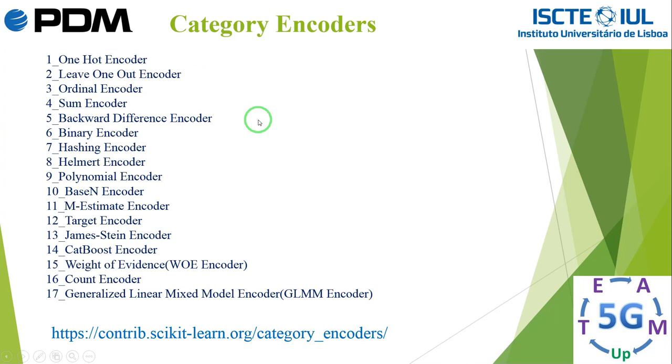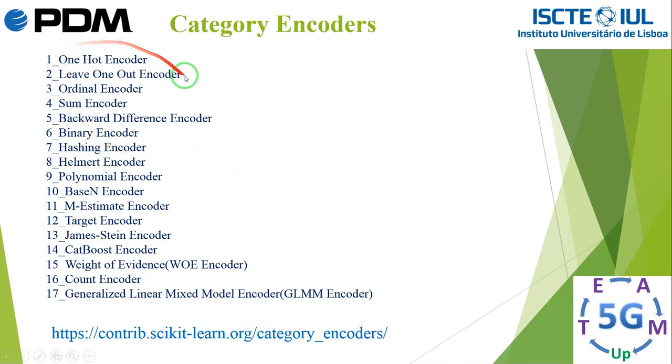If we want to use categorical encoders for converting these 3 categorical features into numerical features, we have different kinds of category encoders. Here we list 17 category encoders according to the scikit-learn website.